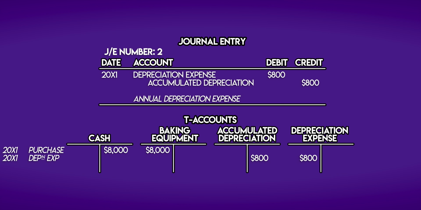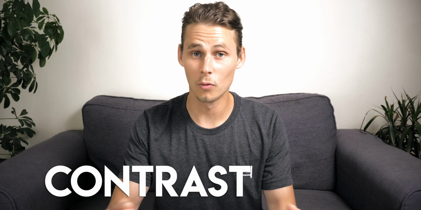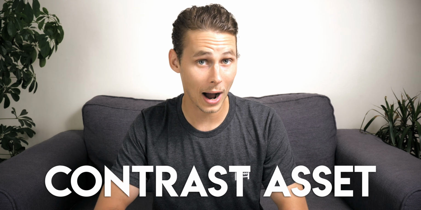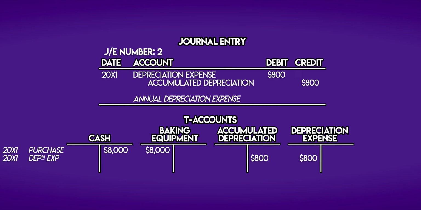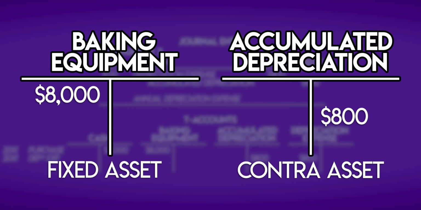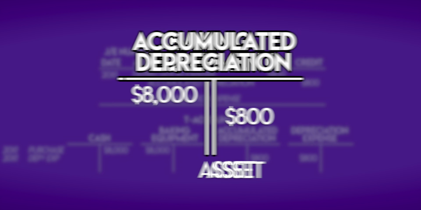Baking equipment is a normal asset account, whereas accumulated depreciation is what we call a contra asset account. What's a contra asset? It's a normal credit account which contrasts or runs against the flow of normal assets. If you want to know the book value of your oven, then all you have to do is net these 2 accounts together.